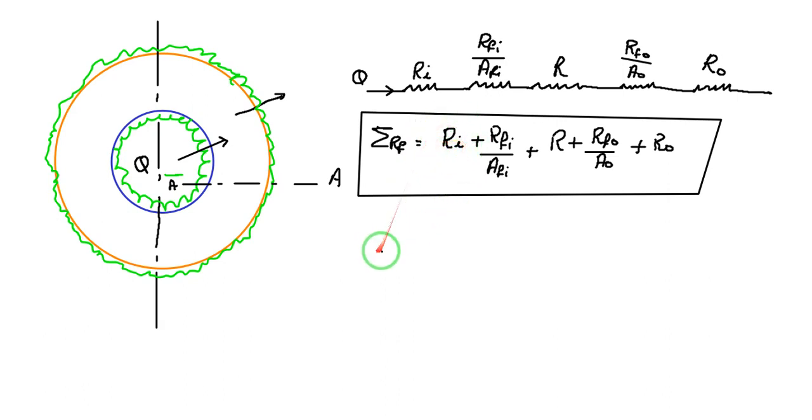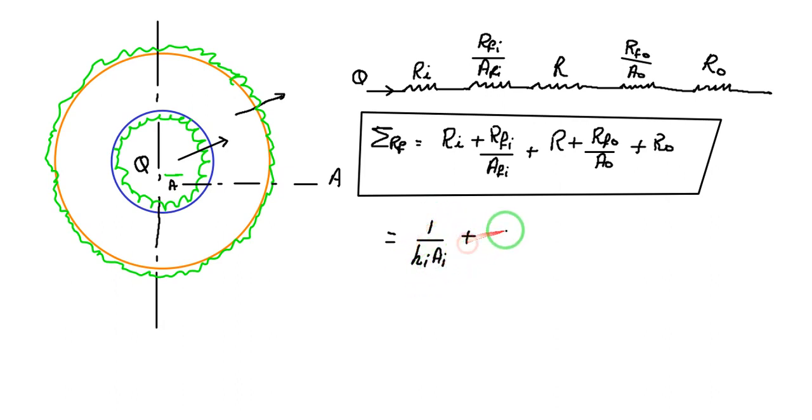So let me write this. What is meant by resistance Ri at the fluid? It is nothing but 1 by hi Ai. We know the formula for resistance.